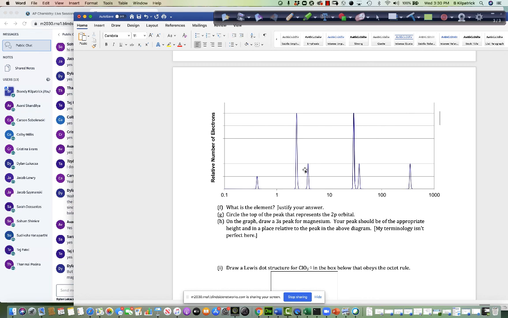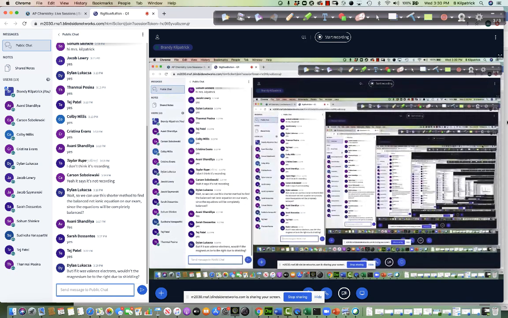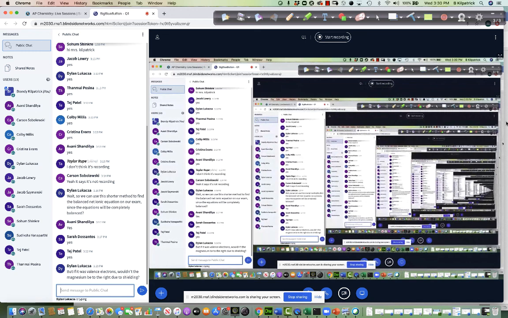So it will take less energy to remove those 3s electrons than the potassium. So it's got to be somewhere towards the left. It's going to take less energy to remove them. Does that explain that, or do you still have questions about that, Dylan?